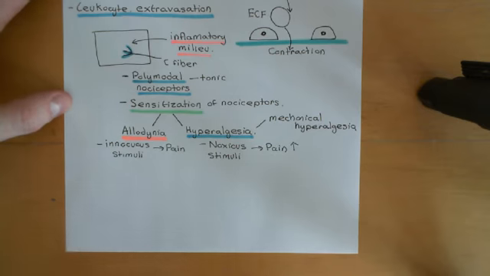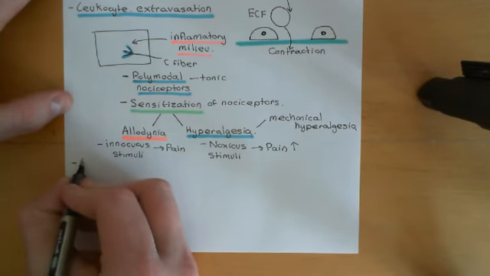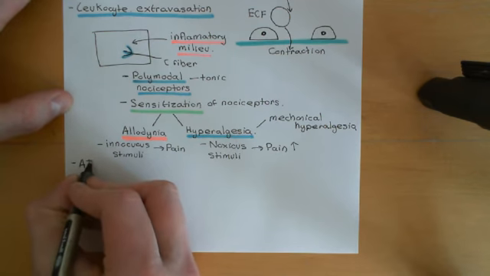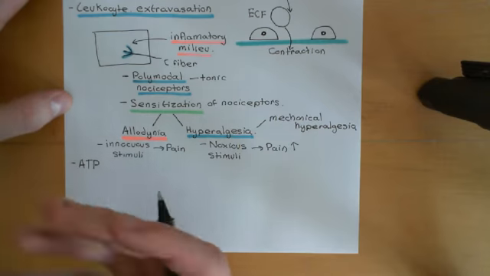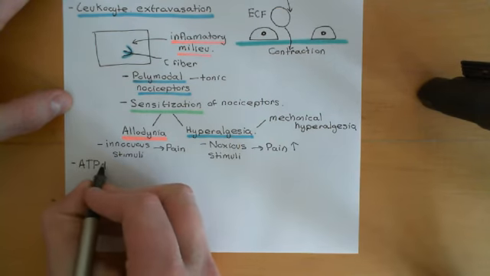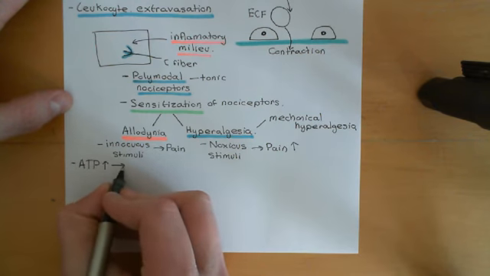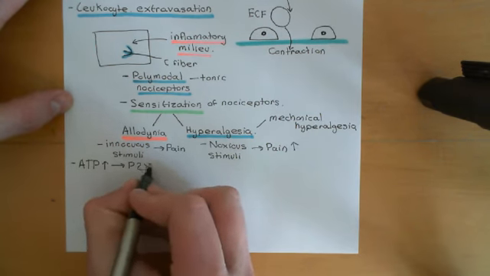Some of these we've talked about earlier. When you have tissue damage, you're going to initially get ATP being released into the extracellular fluid, and this will form part of the inflammatory milieu. This high level of ATP is then going to activate those P2X3 receptors, which remember were homotrimers of P2X3 subunits.